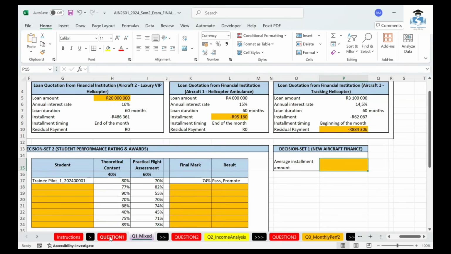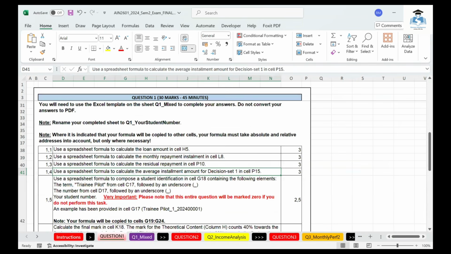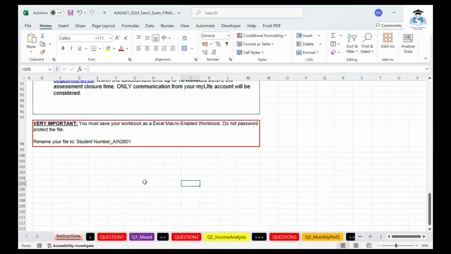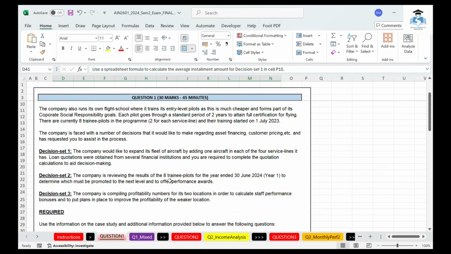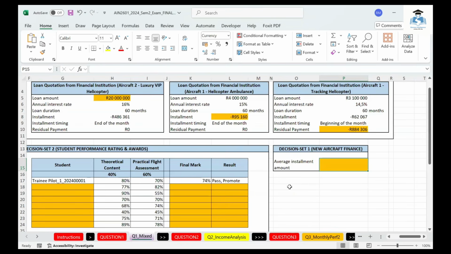Let's go to decision 1. What does it say from the instructions? It says the company would like to expand its fleet of aircraft by adding 1 aircraft in each of the 4 sales lines it has. Loan quotations were obtained from several financial institutions and you are required to complete the quotation calculation to aid the decision making.